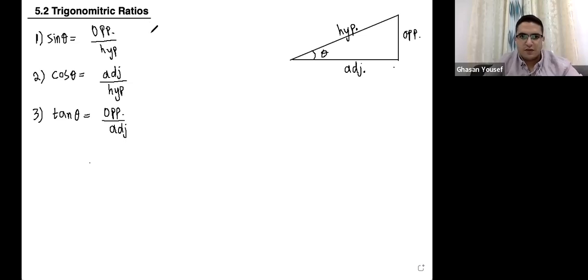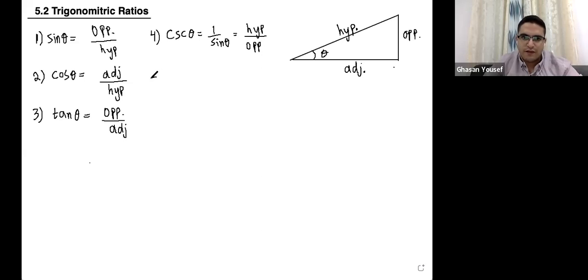Number four, the reciprocal of the sine is called the cosecant. Cosecant of the angle is equal to 1 over sine of the angle, and this is equal to the hypotenuse over the opposite.